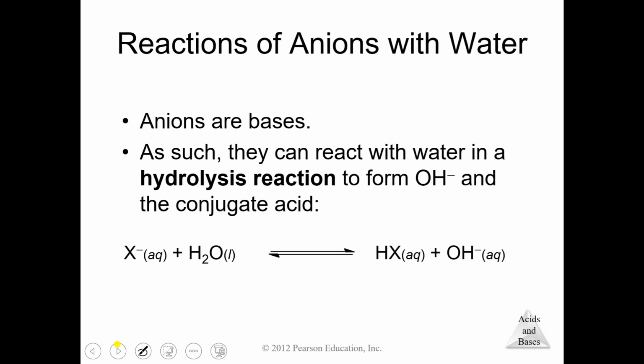So if we look at this hydrolysis reaction where we form hydroxides and the conjugate acid, there's clearly an anion here, and the anion is a base because it can accept a hydrogen ion. We know it can accept a hydrogen ion because it has that negative charge. It wants to get back to neutral.